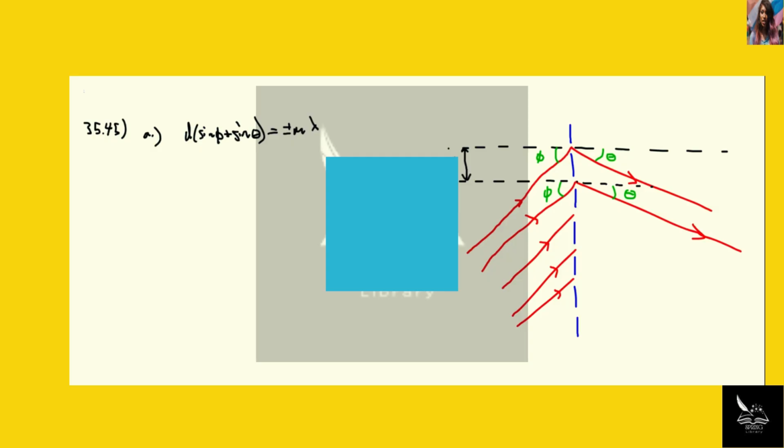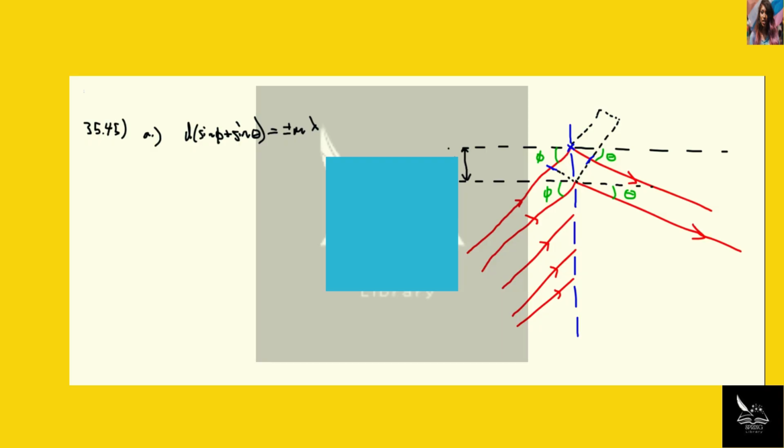So let's figure out how much extra path was traveled. If we extend this rectangle out, I'm going to mark this in blue here. This section and this section are extra path that is traveled compared to the next line.